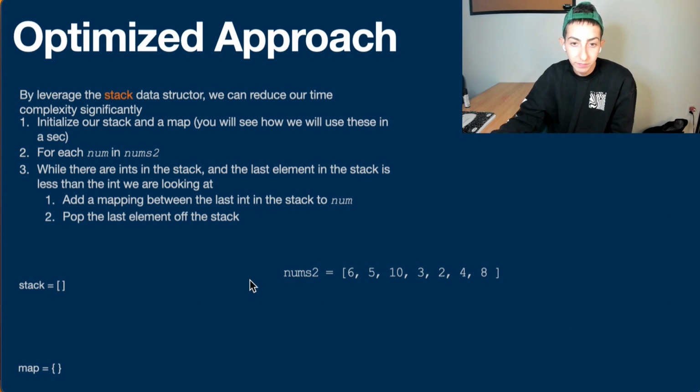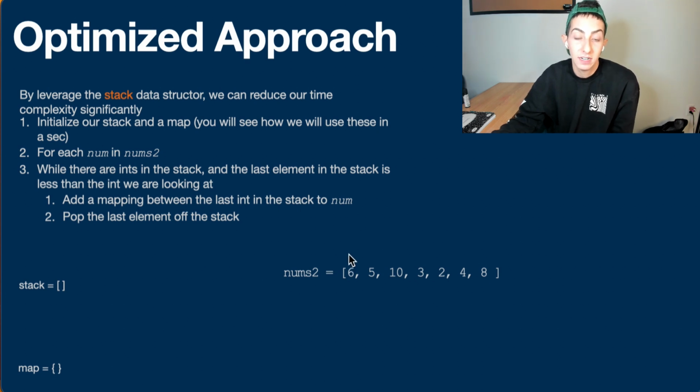So what does this accomplish? In this way, we are building a mapping for every element in this array to its next greatest integer. So we're doing work that we don't need to do, because let's say, I don't remember what nums1 was, but let's say 5 was not passed in. We don't care that 5's next greatest element is 10. But because we're building this mapping, we can then loop through nums1 and just do a lookup.